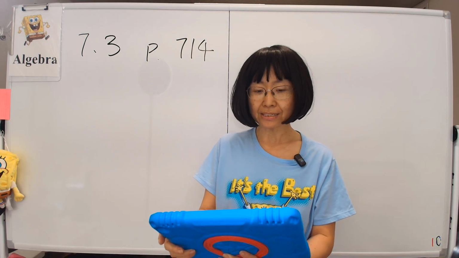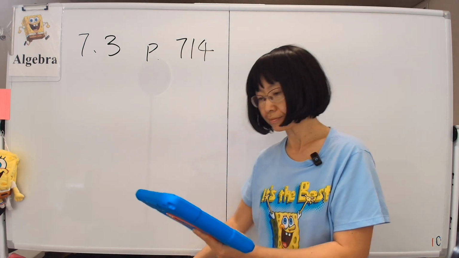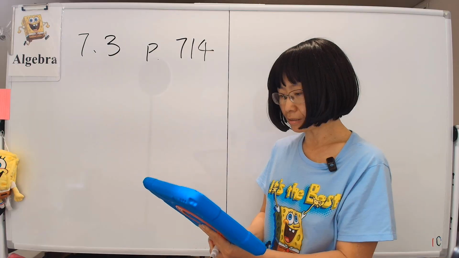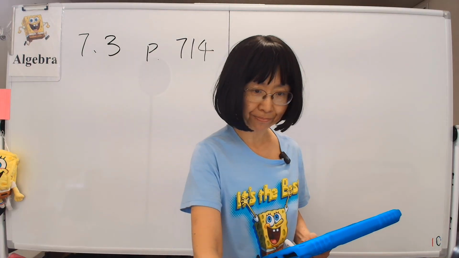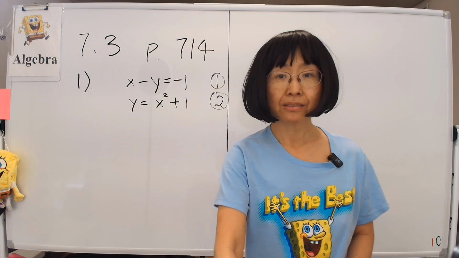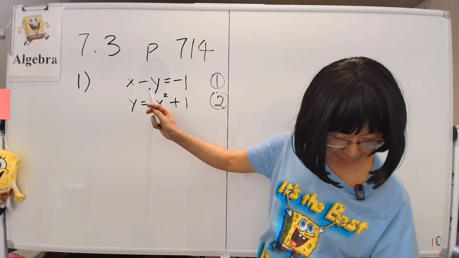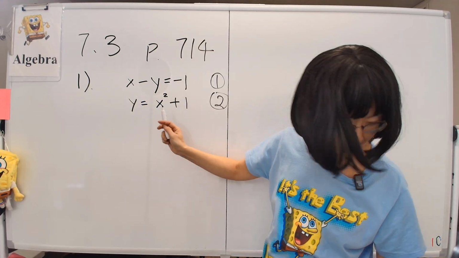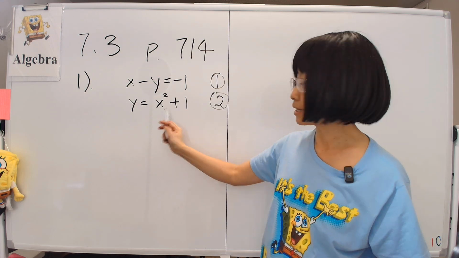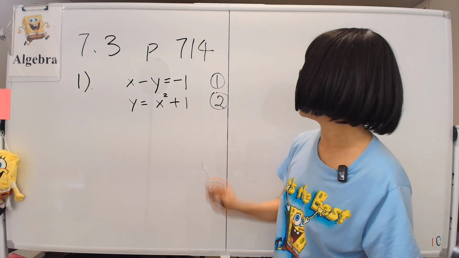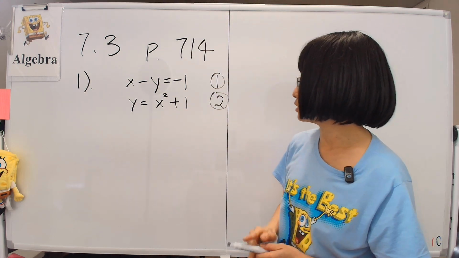So let's look at example 1 on this page, where we're solving this system of equations. Let me write it down. We have two equations here: x minus y equals -1, and y equals x squared plus 1. I'm going to call them equation 1 and equation 2.